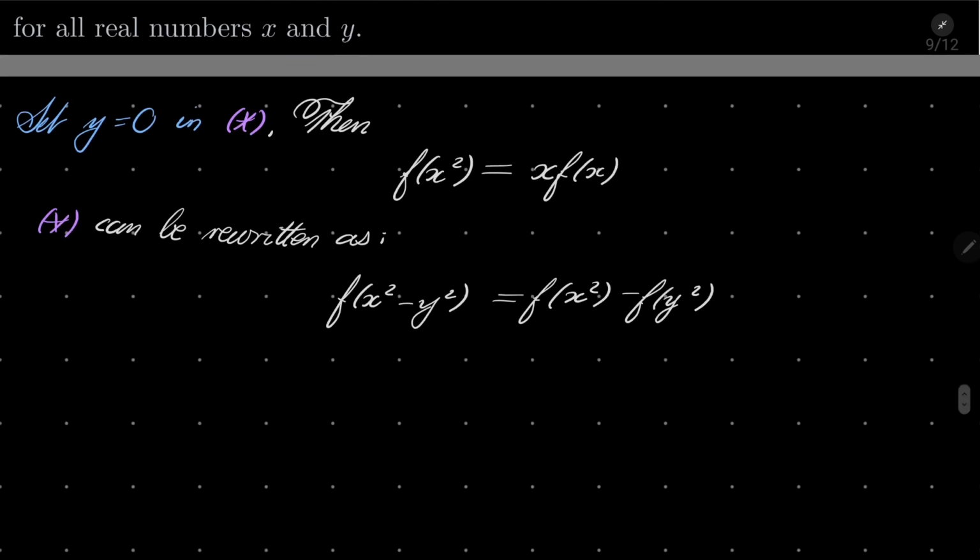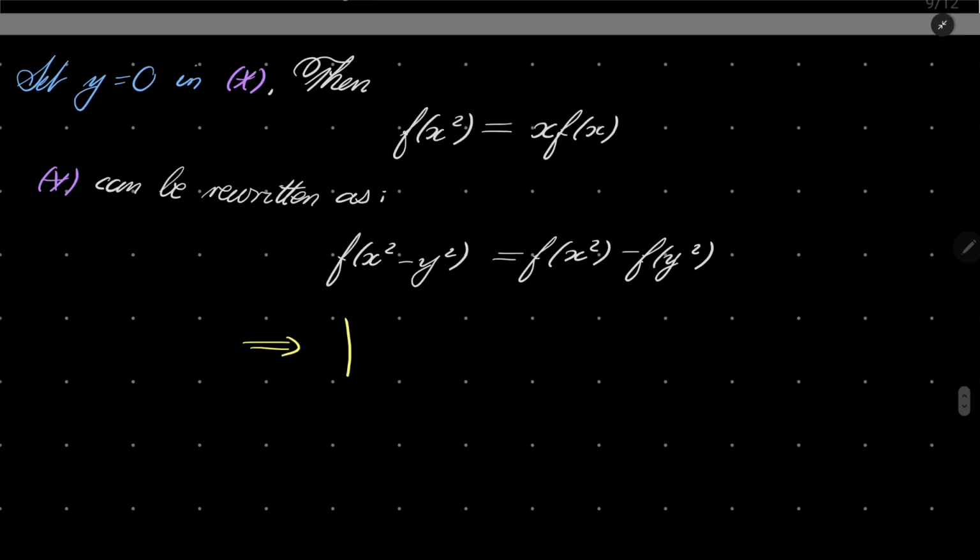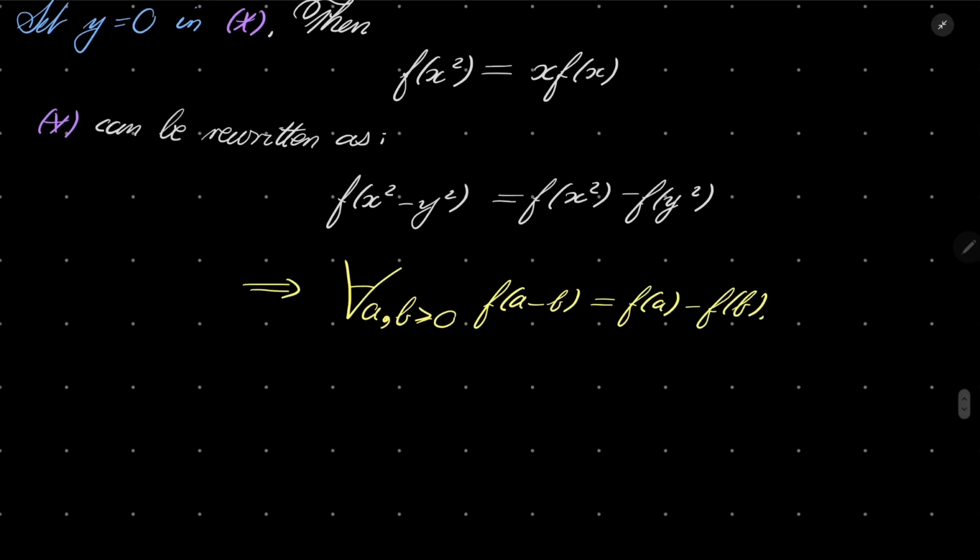But notice that x and y are arbitrary, so we can get any non-negative numbers here and here whatsoever. So we can say for every non-negative numbers a and b, f of a minus b equals f of a minus f of b. Very well.